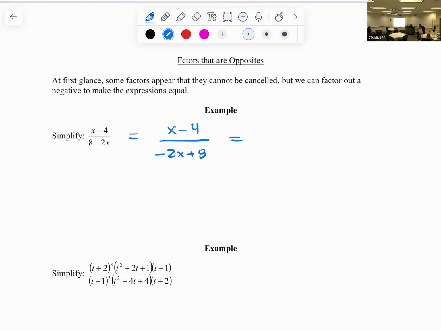In the numerator, x minus 4, there's nothing I can do there. Within the denominator, what can we do? This is the one you were asking the question on last time, the negative x thing.